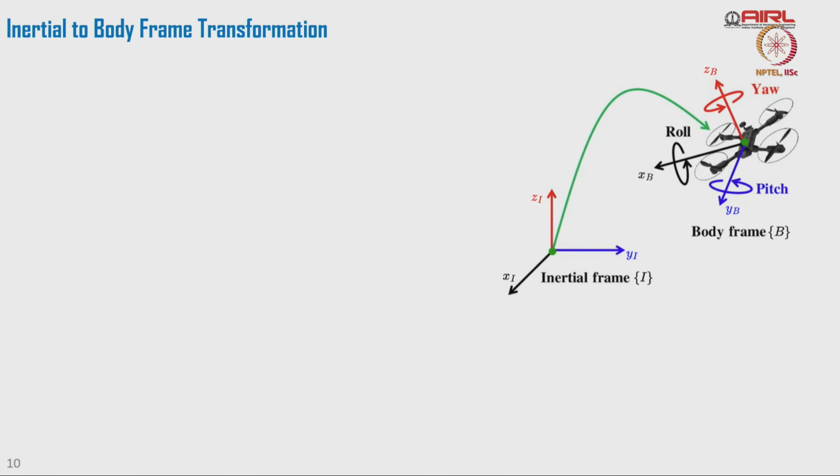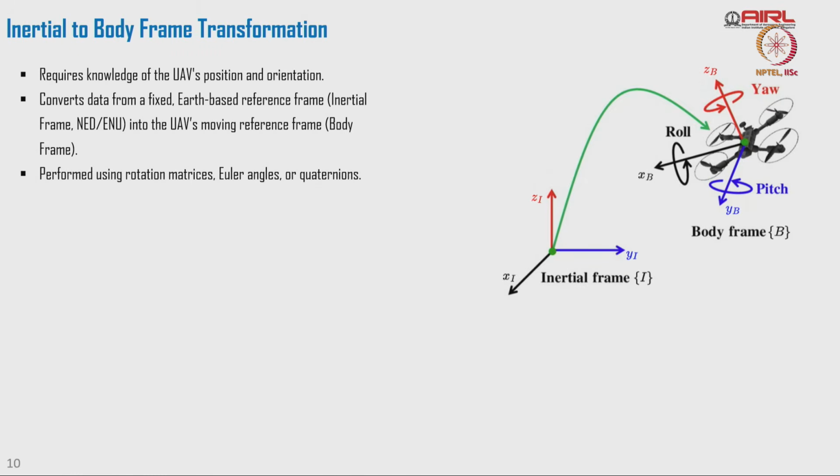So let us talk about transformation from body frame to inertial frame, or inertial frame to body frame. First we talk about inertial to body frame. What do we need? We need to know the position and orientation. That is the first requirement. I need to know the position and orientation of this particular UAV.